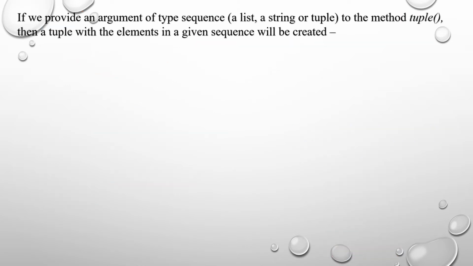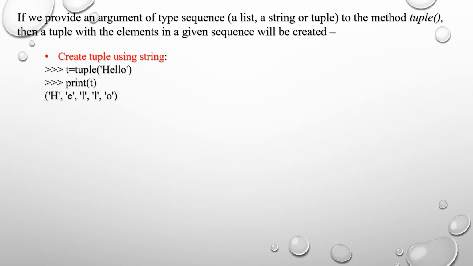Another method is using the tuple keyword. If we provide an argument of the type sequence, a list, a string or a tuple, to the tuple function, then a tuple with the elements of the given sequence will be created. If you want to create a tuple using a string, first we specify the variable. I name it t is equal to tuple. Within the parentheses we specify the string value.